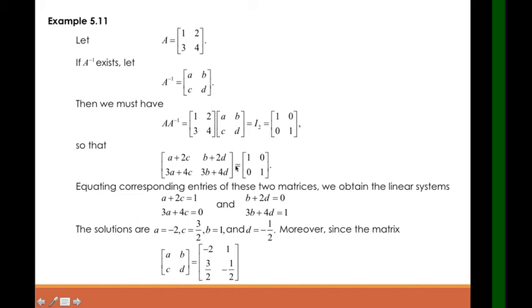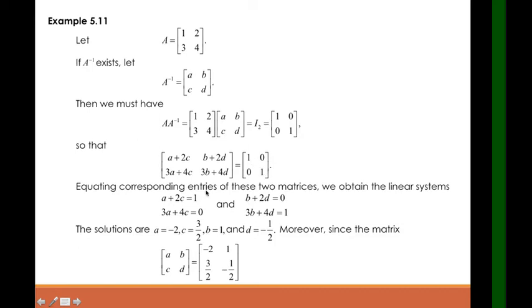Okay? And then that's equal to I sub 2, wherein I sub 2 is, ang tawag kasi dito, parang symmetric. It's diagonal identity. Yan, identity matrix. So we have 1, 0, 0, 1. Di ba diagonal yung kanyang ano? Ayan.